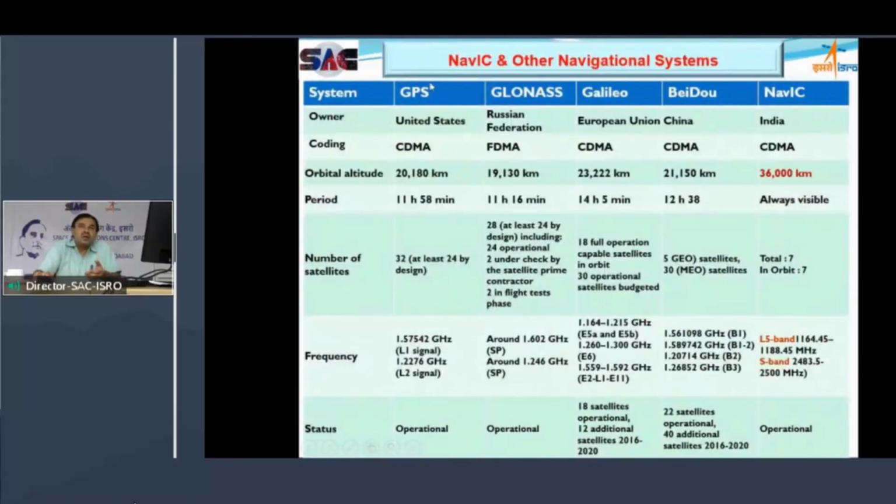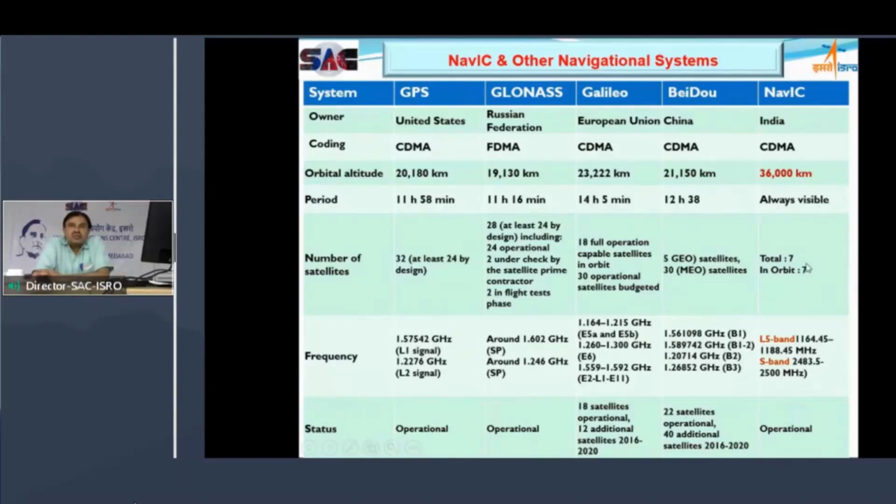So now in the world, you will have 1, 2, 3, 4, 5, and there is a 6th one from Japan also, QZSS it is called. Although it is also a regional service like our NavIC, and it is a limited service, so we have not included it in this table. But overall, there are these 5 major services which are available in the world, and India is one of them.